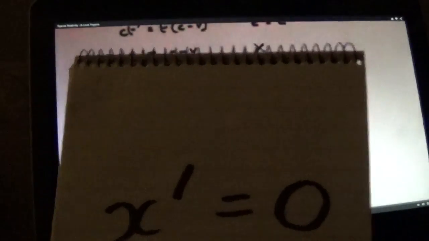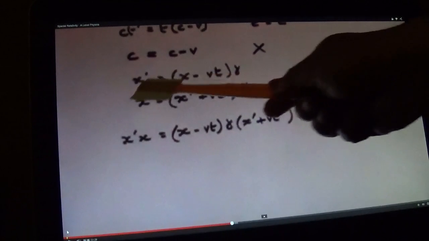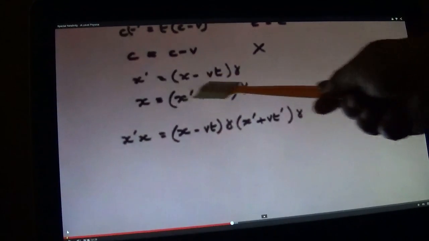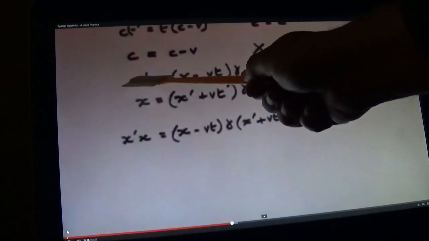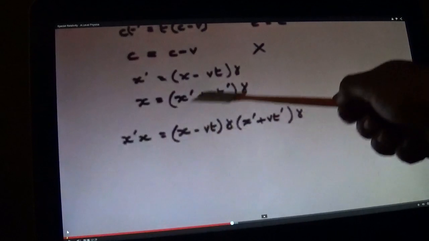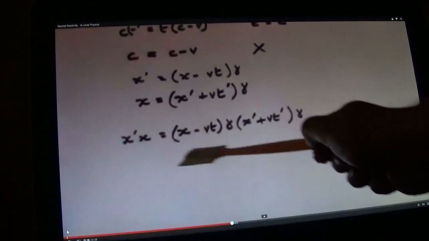I remind you what Matty's got. X prime is equal to 0. So x prime, that's 0 that side, and that side 0. So he's multiplying that times that. That is 0 times x. He's multiplying that times that, and that bit is 0.